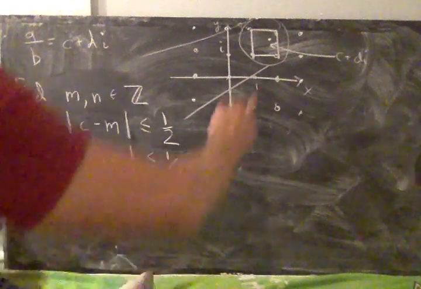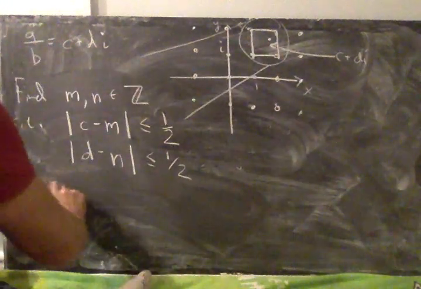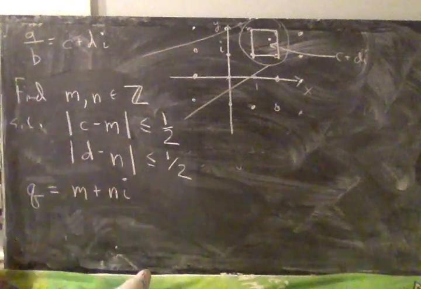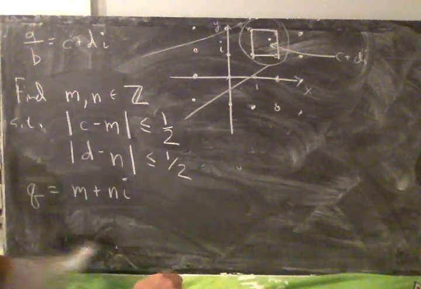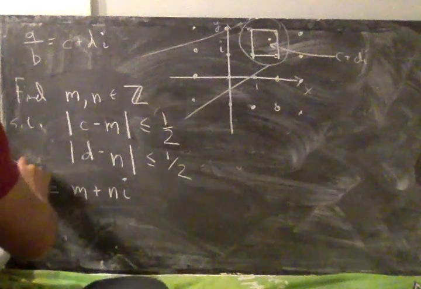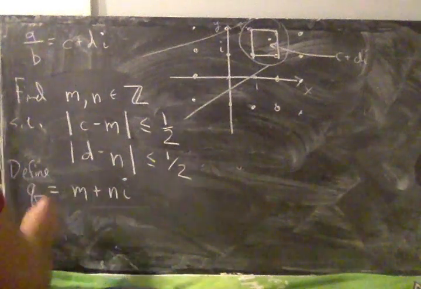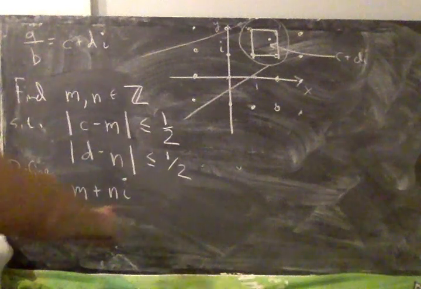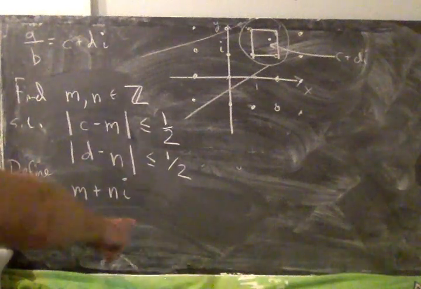And then that's going to be our Q. Remember, that's what we were trying to do. We were trying to say what Q was. So Q is going to be this m plus n times I. So this is our definition. We can compute A over B, find C and D, find the closest integers to it, and then define Q that way.